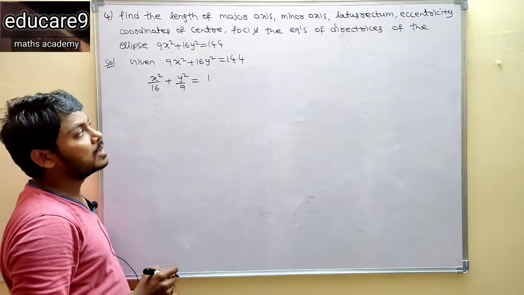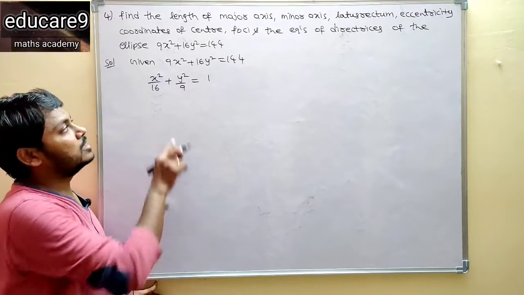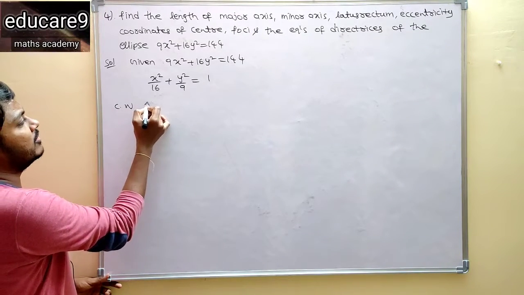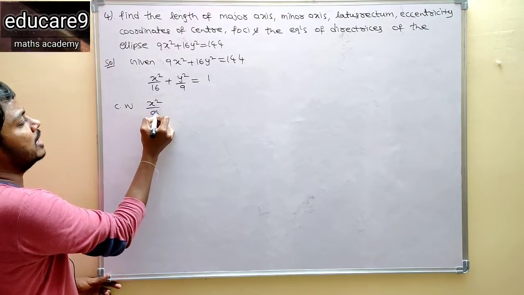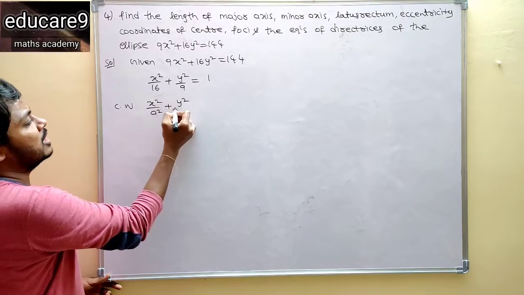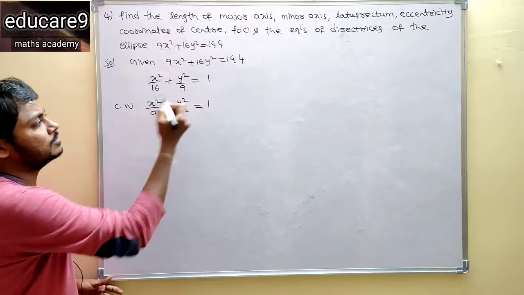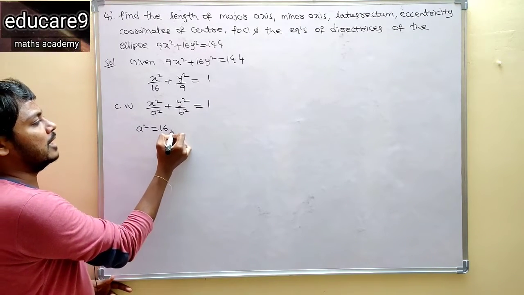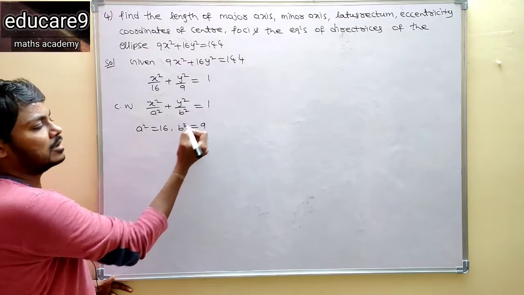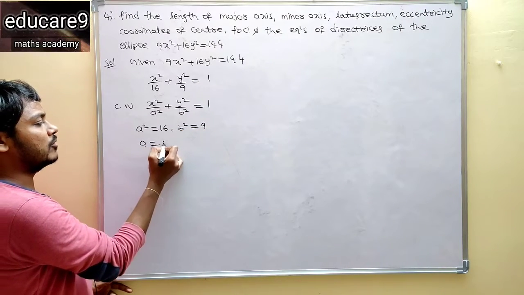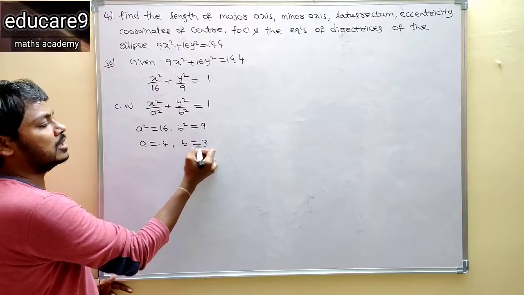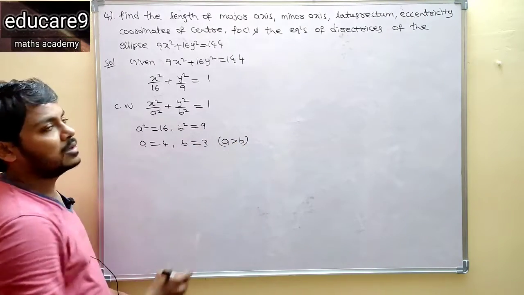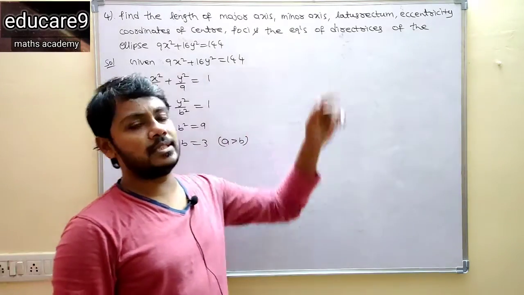Now clearly, comparing the above equation with x square by a square plus y square by b square is equal to 1, here a square is equal to 16 and b square is equal to 9. So therefore a is equal to 4 and b is equal to 3. So clearly here a is greater than b. So in that case we need to find all this.